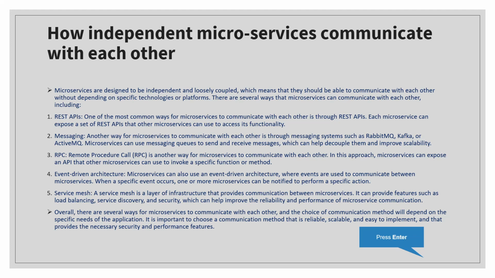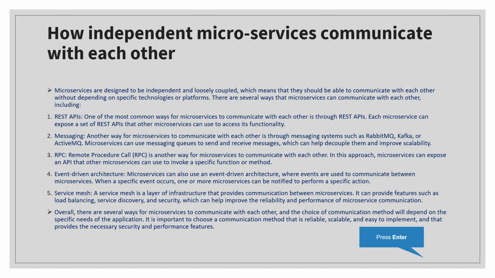RPC stands for Remote Procedure Call, and is another way for microservices to communicate with each other. In this approach, microservices can expose an API that other microservices can use to invoke a specific function or method.